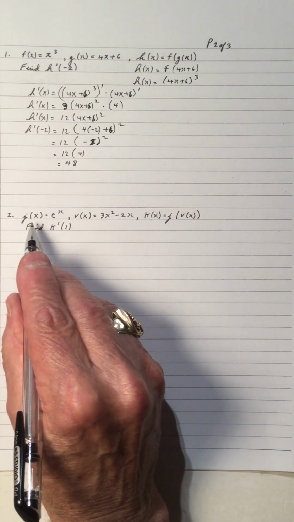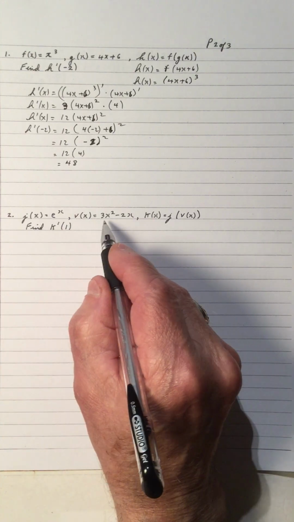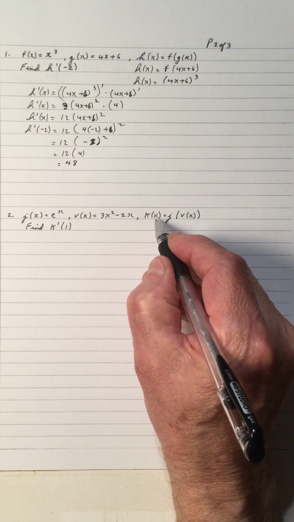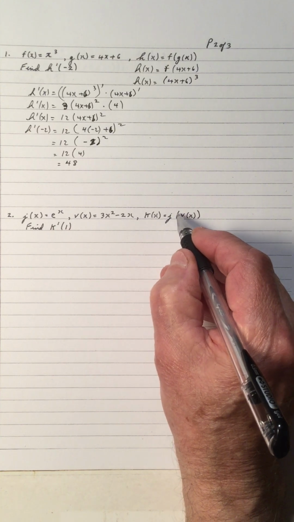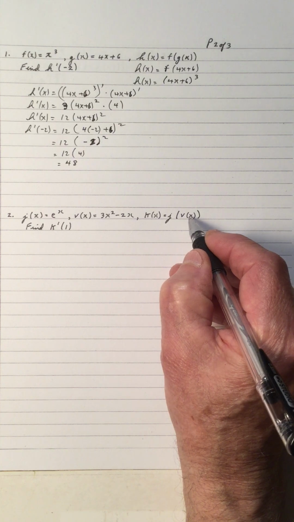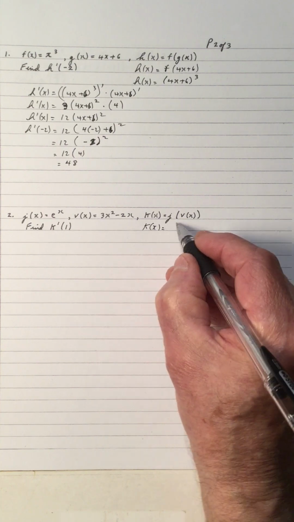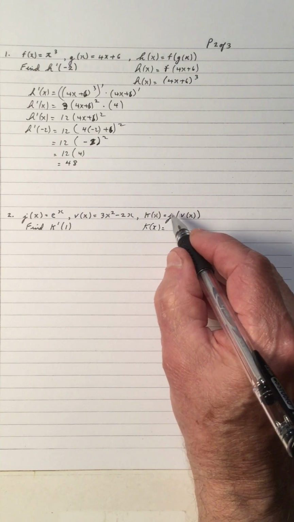Number 2, j of x is e to the x, v of x is 3x squared minus 2x, and k of x is j of v of x. Again, it's a composite function. So k of x is made up of the composite of j and v.